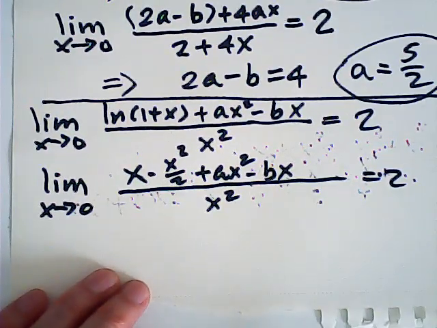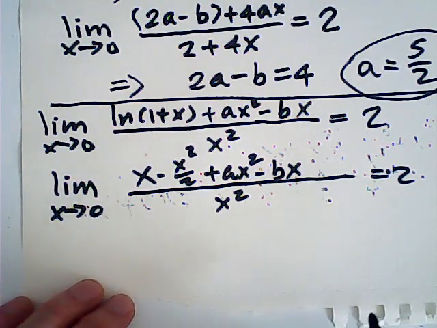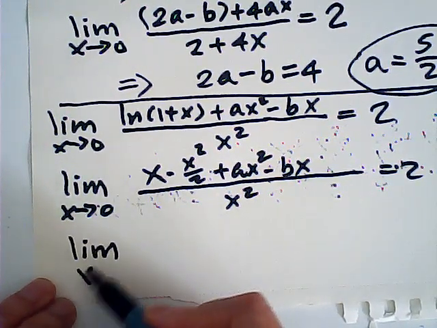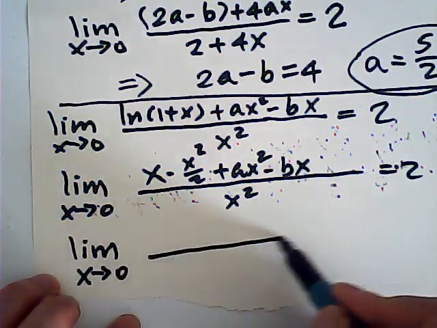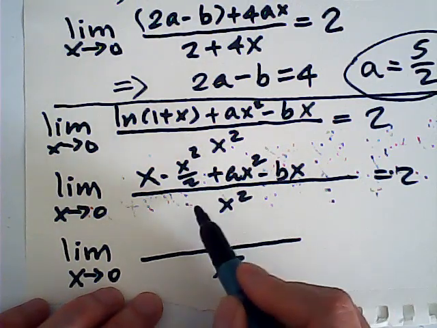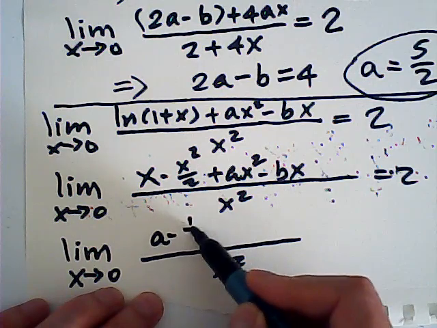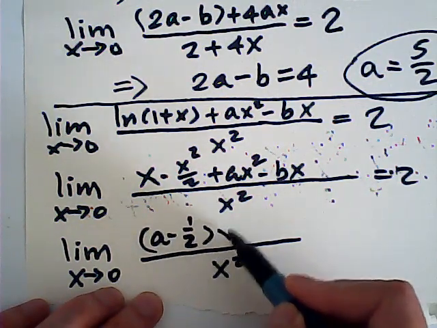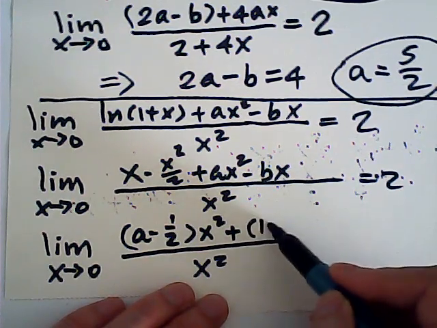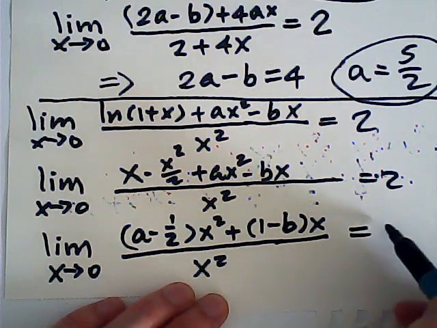Okay. Now then, if I group the like terms, this is x squared, then a minus 1/2 times x squared, plus 1 minus b times x, is equal to 2.